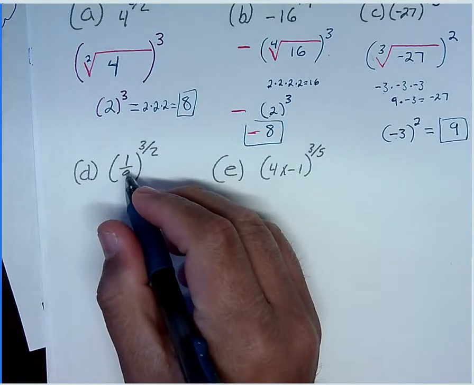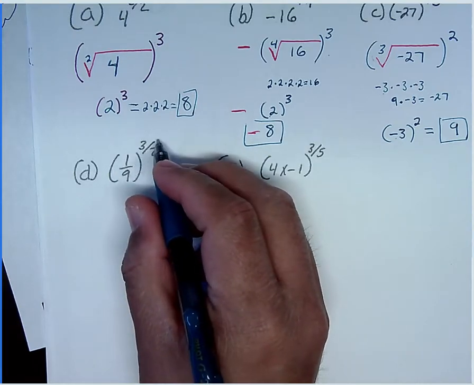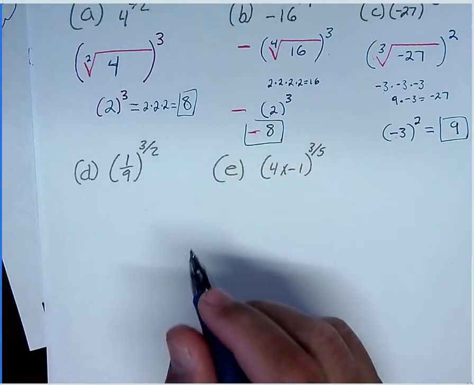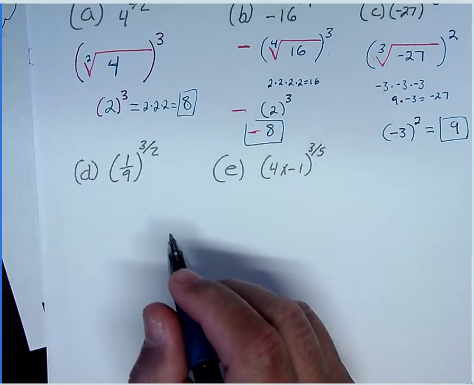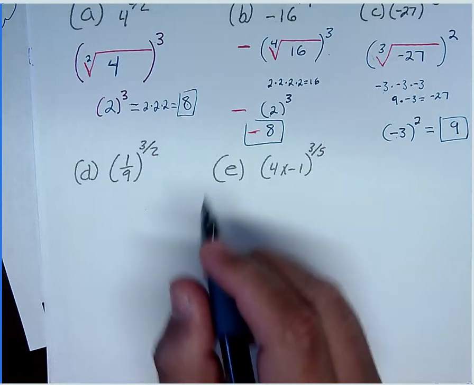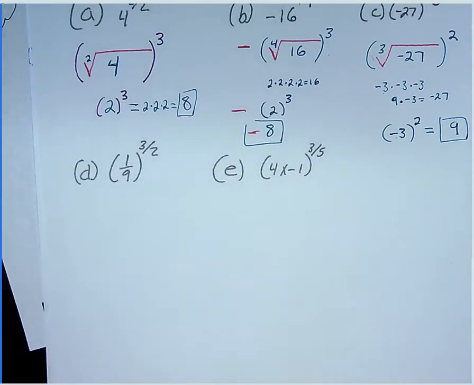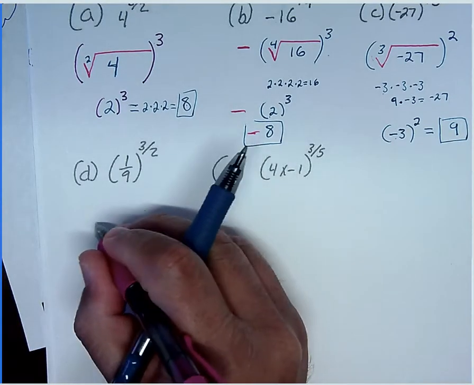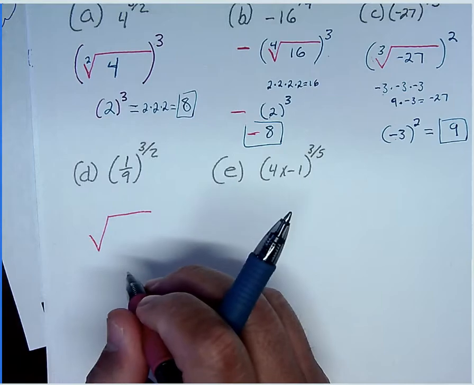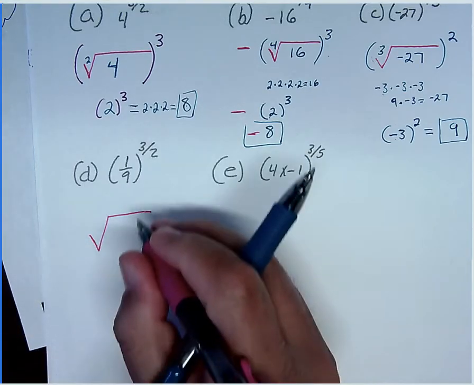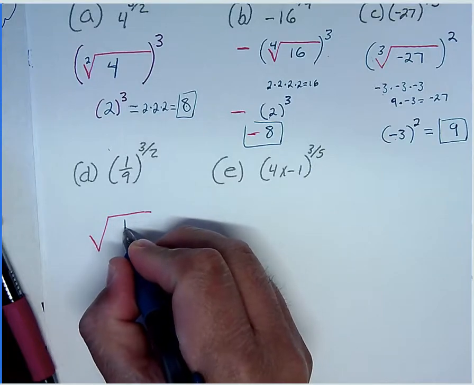So this one, it's a rational number here raised to a rational exponent. So a lot of rational stuff. So for this one, this whole thing would be part of the thing inside the radical. So that's the radical. You have this inside, 1/9.